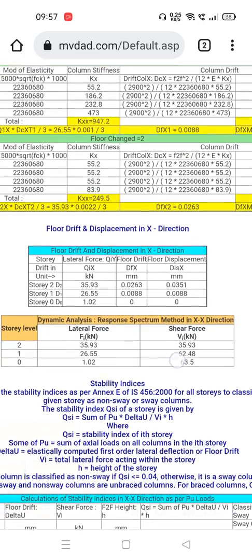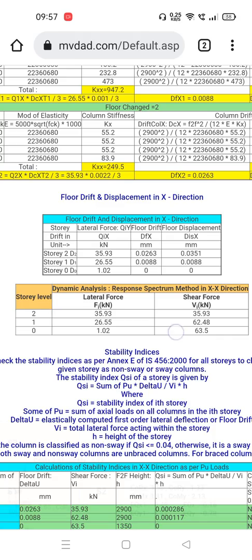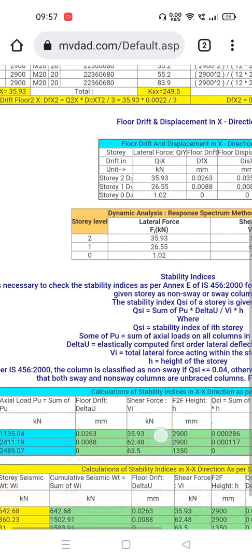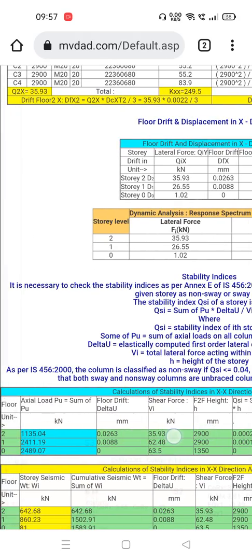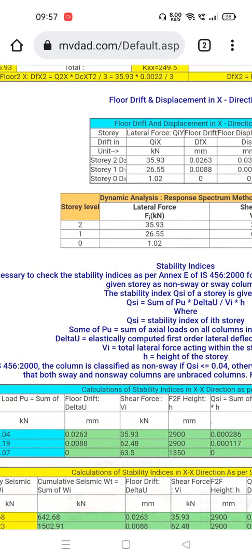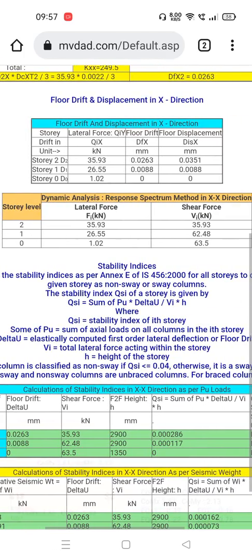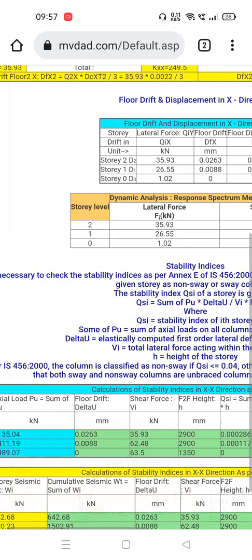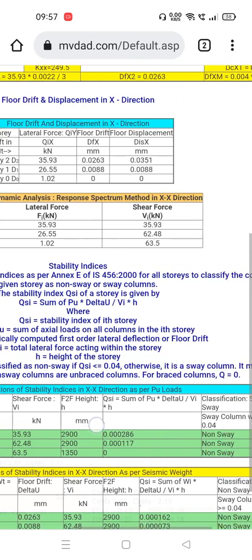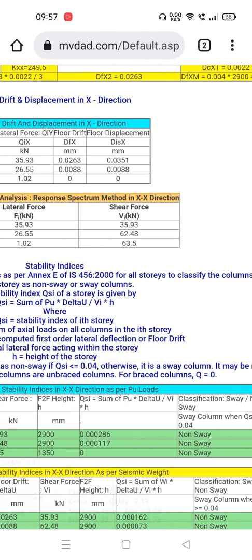Now we are checking the stability indices. Stability indices we have calculated in two tables. One as per the PU loads, on the coefficient method basis. In that we checked whether it is sway or non-sway.